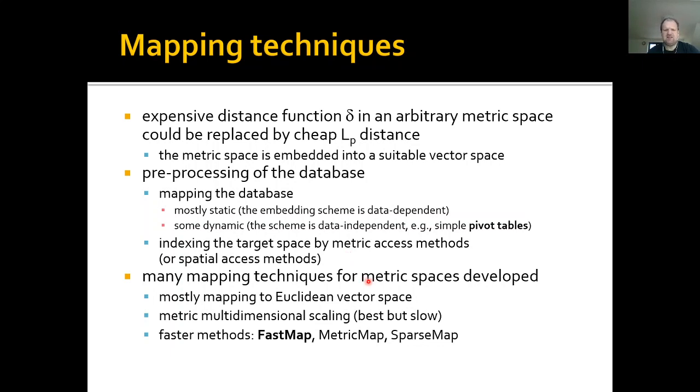In this sense, many mapping techniques were developed. They mostly map the metric space data into Euclidean space. And the best one is very old, 70, 80 years old, and it's called metric multidimensional scaling.